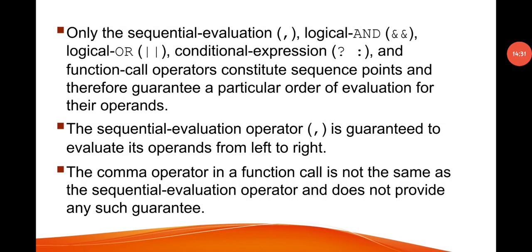The sequential evaluation operator is guaranteed to evaluate its operands from left to right. The comma operator in a function call is not the same as the sequential evaluation operator.